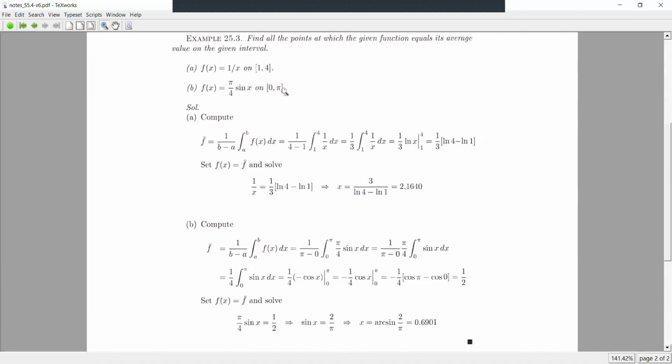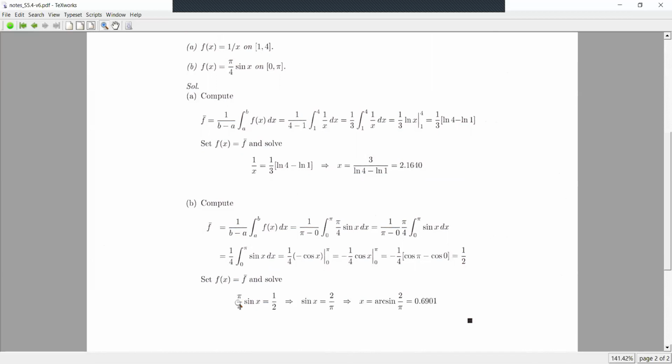Now, to find a point C between 0 and pi where the function value is 1/2, set the function equal to f bar, 1/2, and solve this equation. Move the number pi over 4 to the right side, then we get this equation.